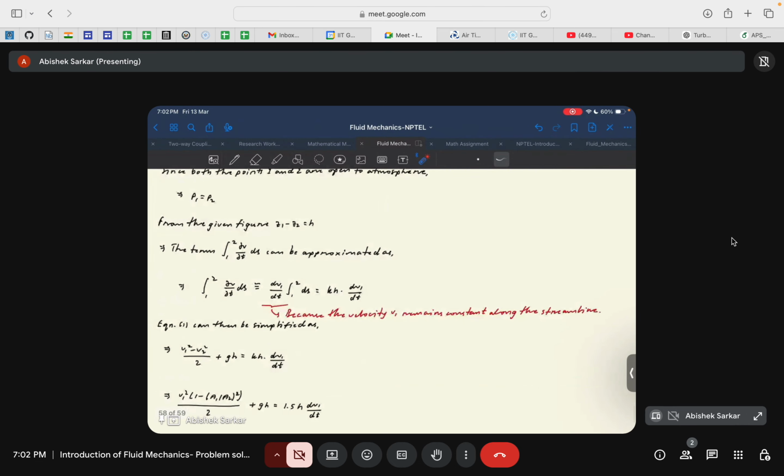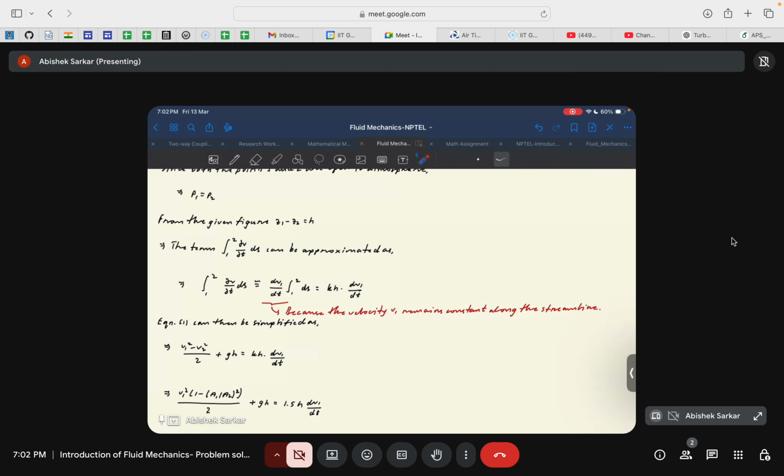So if that's the case and the integration is with respect to the spatial streamline coordinates, that is ds, then if we assume that the velocity along the streamline remains almost constant, and that's why we have taken the subscript s1, because whatever the velocity along the streamline at point 1, we assume that if it's the same streamline, the velocity would be constant along the streamline, which is the velocity at point 1.